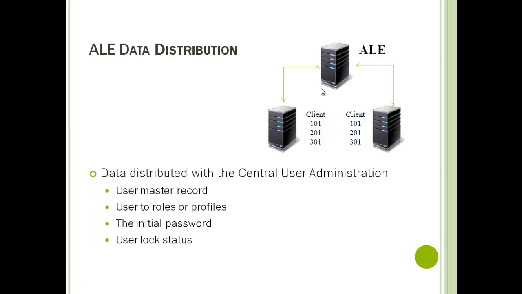That means you need to centrally manage the user administration and the role assignment, but the authorization data and role development need to be transported, so that this can be different in each system. However, we can assign the roles to the user master using the CUA.